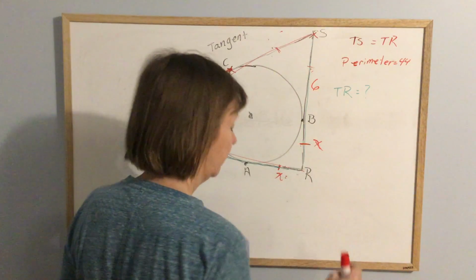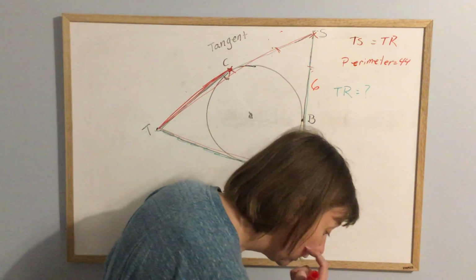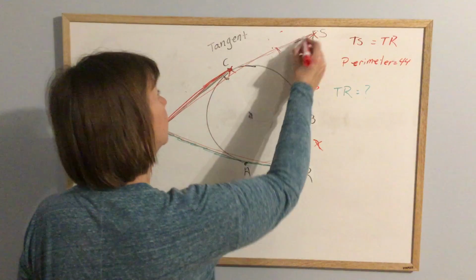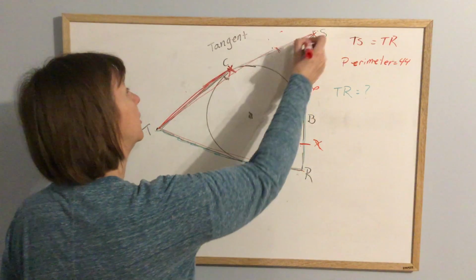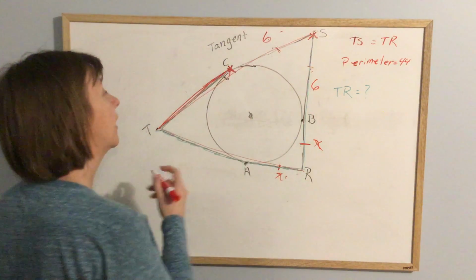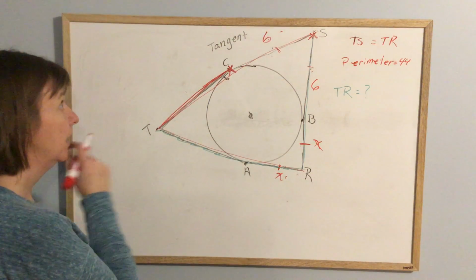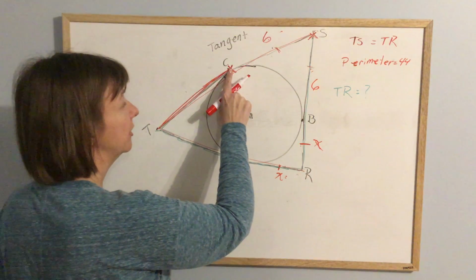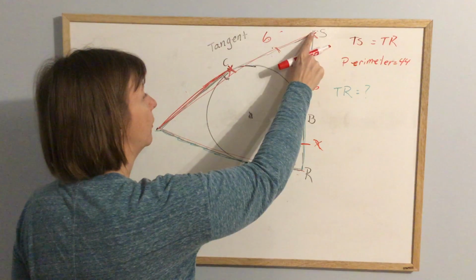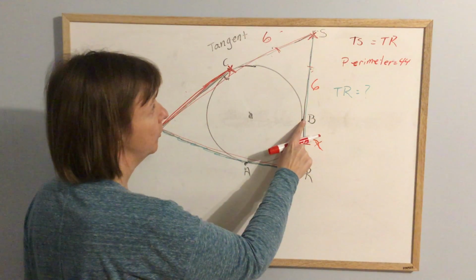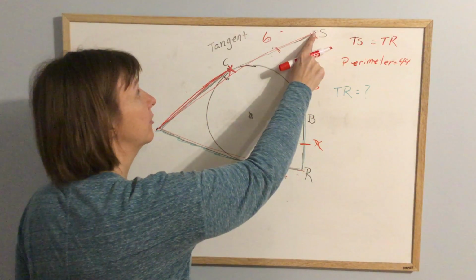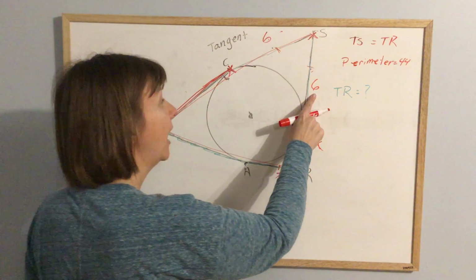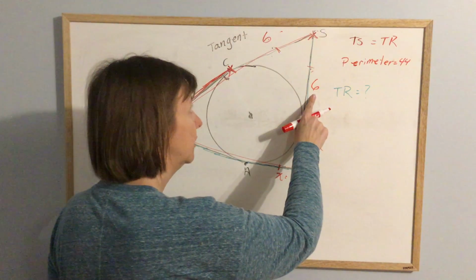And they tell us that SC from here to here, from here to here, that is 6. Now, this is a point of tangency out to an external point. This is also a point of tangency to the same external point. So those two have to be equal.